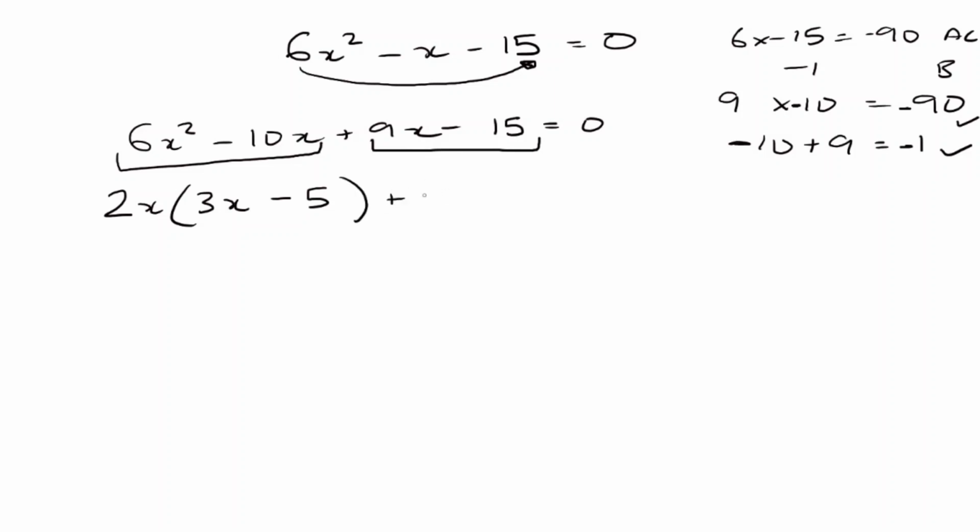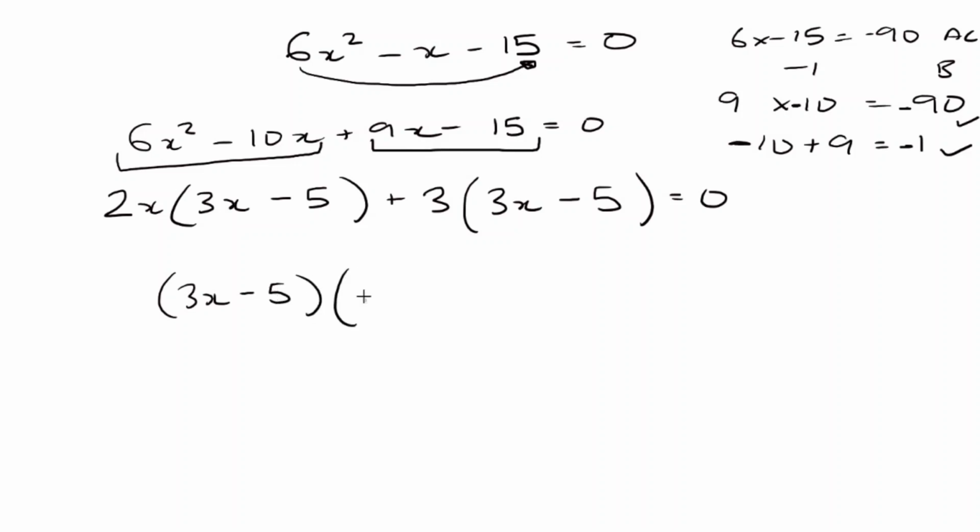And 3 is the common factor here, so 3 goes into 9x minus 15 to give us 3x minus 5. So once again, we've got 3x minus 5, and that'll be 2x plus 3, which is equal to 0.